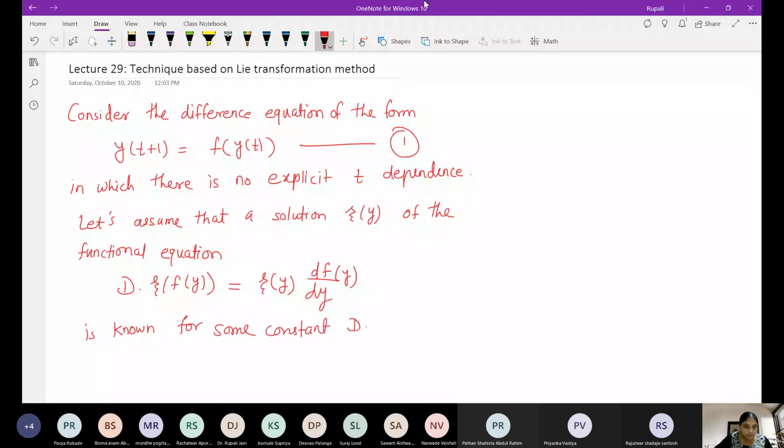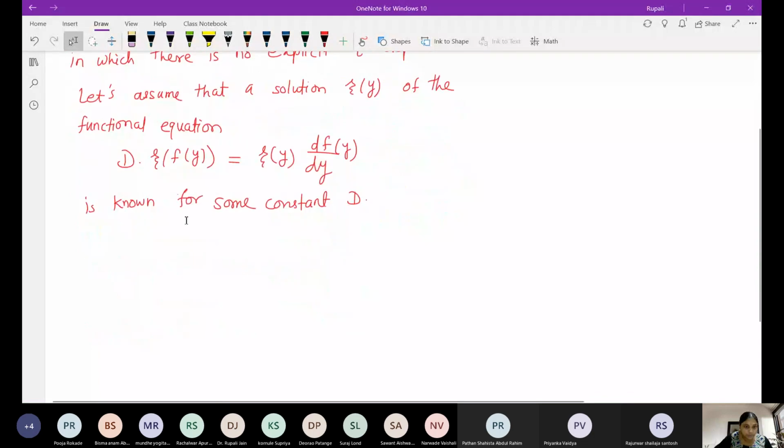D is some constant, and this is a functional equation. Xi of f of y means a function whose argument is again a function. Function of function is called a functional. A function whose domain is a set of functions is called a functional. You might have studied this in functional analysis.